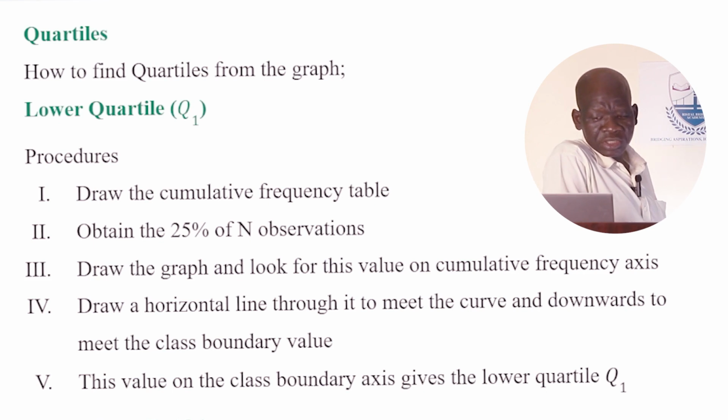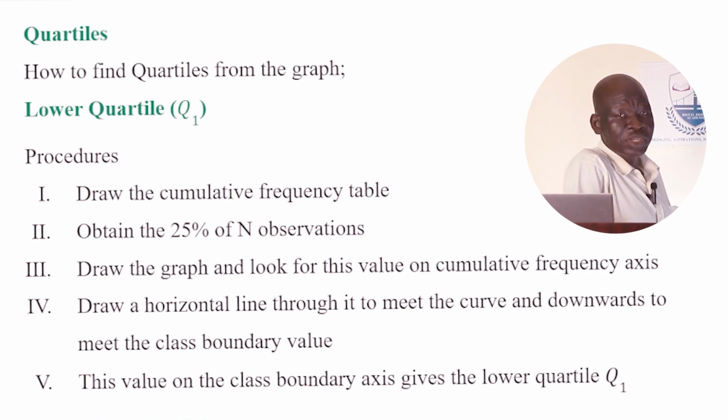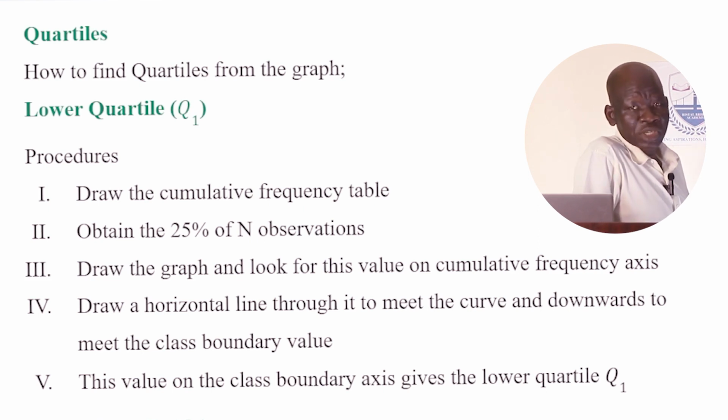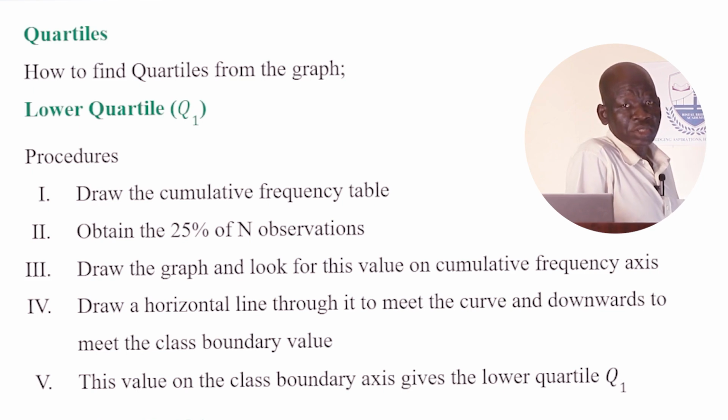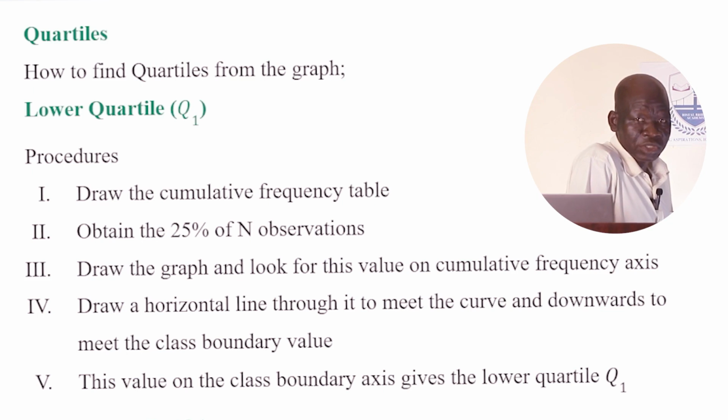At that point where you have met the cumulative frequency curve, you draw a line downwards to meet the upper class boundary values, that is on the horizontal axis.